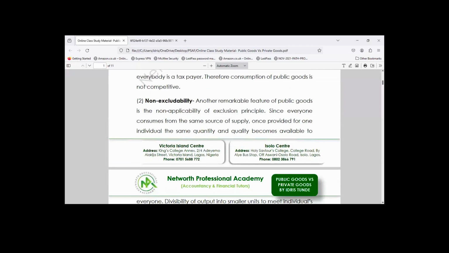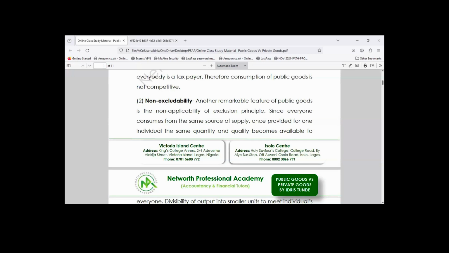Number two, non-excludability. It means since it's a public good, you cannot exclude some people from consuming it. It's available to everybody. You can't say because this one is Christian, you cannot consume it. Because this one is Muslim, you cannot consume it.